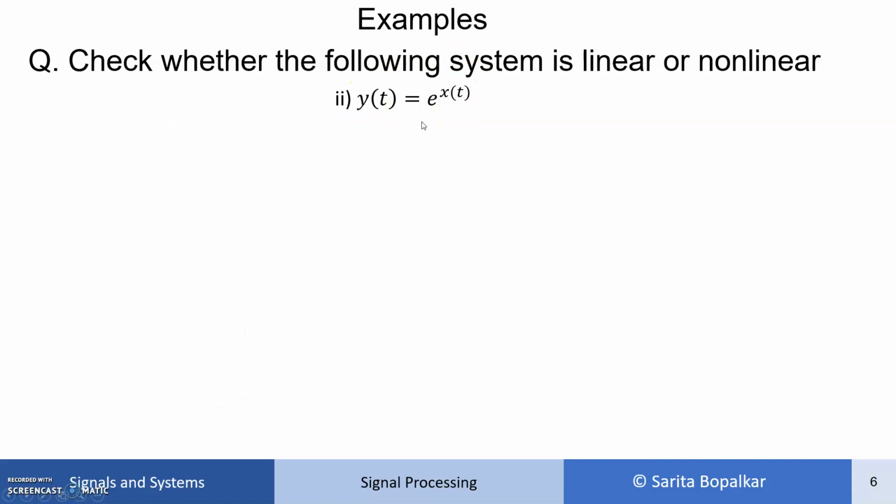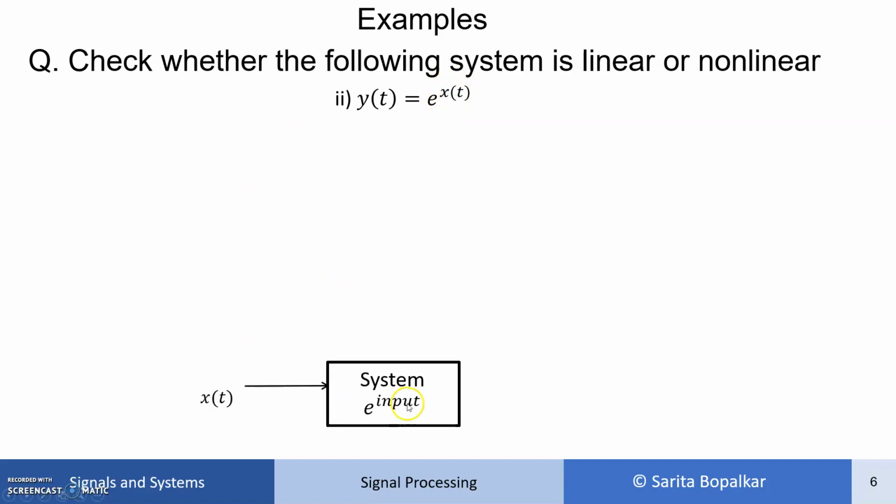Let's solve one more example. Now here, instead of n I have considered t, which means it is a continuous time system. The previous one was a discrete time system, but the method to check whether it is linear or not is the same. You have to check the superposition principle. Now the example is y(t) is equal to e raised to x(t). So your system takes the exponential of the input.